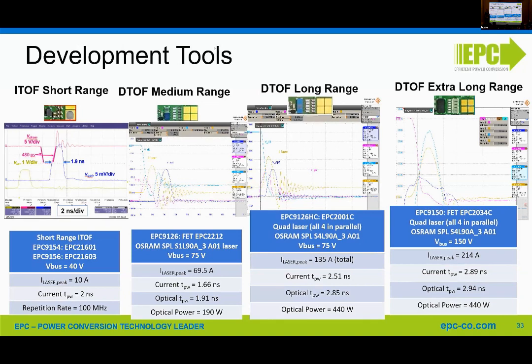The board is much bigger than shown here because we also want good measurement points. The measurement points and the RF terminations are built in so that you can get very accurate measurements, understand what your laser is doing and then measure your laser output with these. Currently, they run from 10 amps to 214 amps.